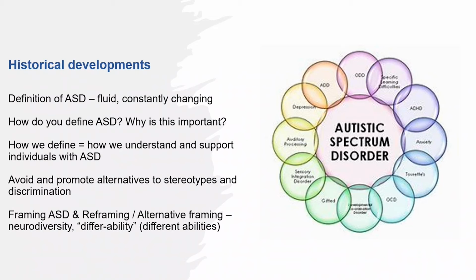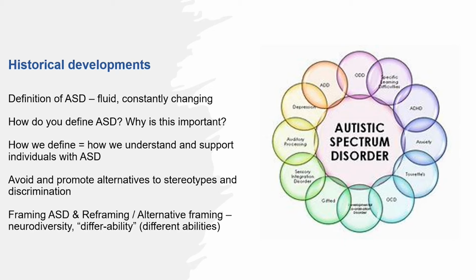So you'll see in the diagram, autism spectrum disorder is even more complex because it could have these comorbid conditions that accompany the autism diagnosis. But our main argument is that we need to avoid stereotyping learners who have a diagnosis of autism.